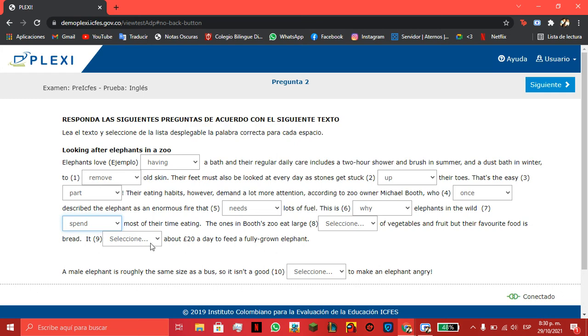The ones in Butsu eat large totals, weights, numbers, quantities. I think the right answer here is quantities because this is a synonym of amounts.